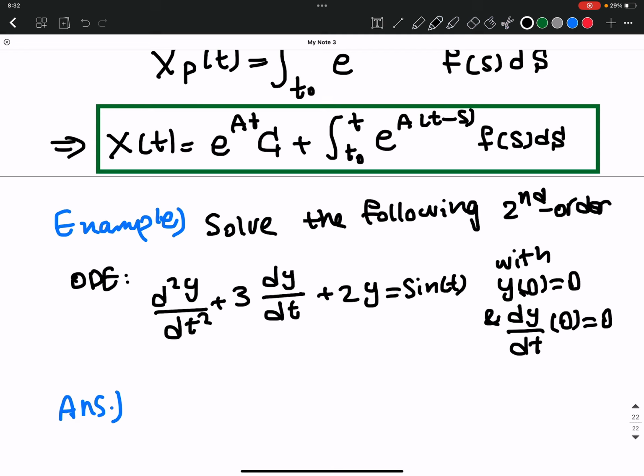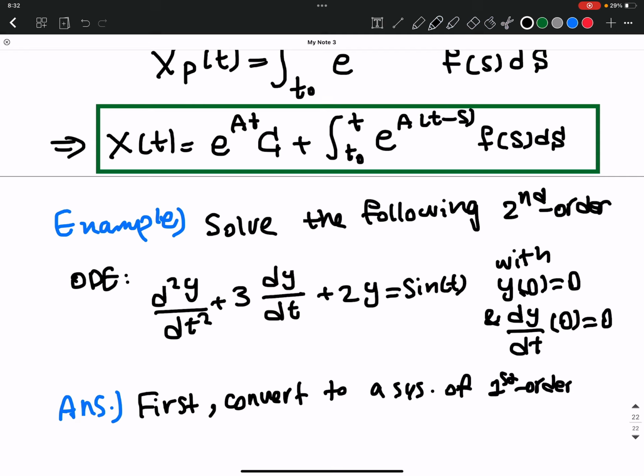So first, I want to use this technique. There might be other techniques when you have higher order ODEs like second order, and especially for second order we have many other techniques. But I want to use this specific technique that I talked about. So first, convert to a system of first order ODEs.